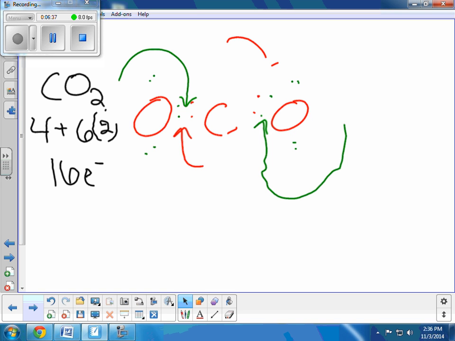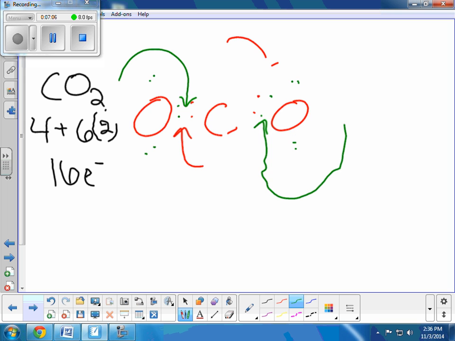That's called a double bond. And if we go through and count, we still only have 16 electrons, but each atom has access to 8. So our first oxygen has access to 4 in between oxygen and carbon, and then 2 on the top and 2 on the bottom. And then our carbon has access to 4 on each side. And then our last oxygen has access to 4 electrons in between carbon and oxygen, 2 electrons on top and 2 electrons on bottom.